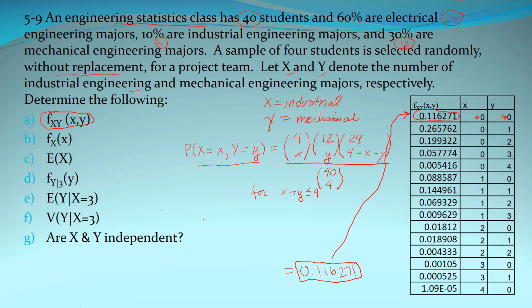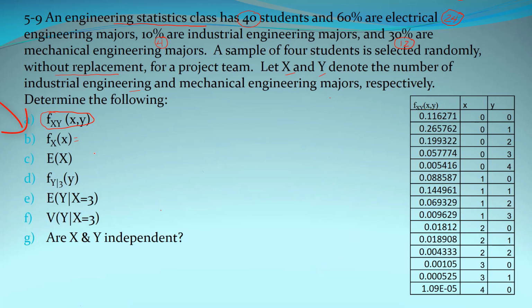Now the next thing we need to work out is the probability distribution function of f of x. This is actually pretty easy. All we need to do is draw up a table, and we want to know the distribution of x given any particular value of x.